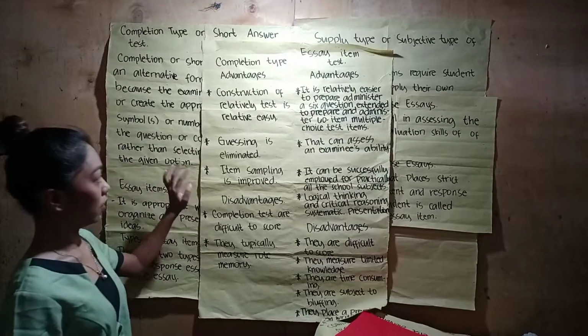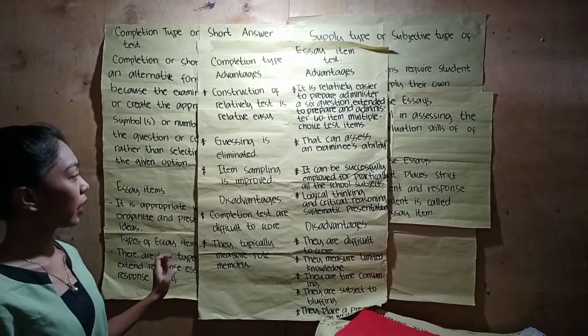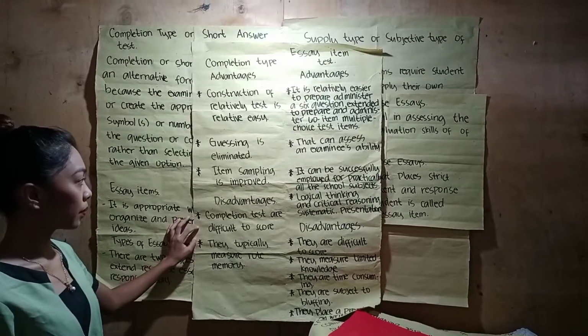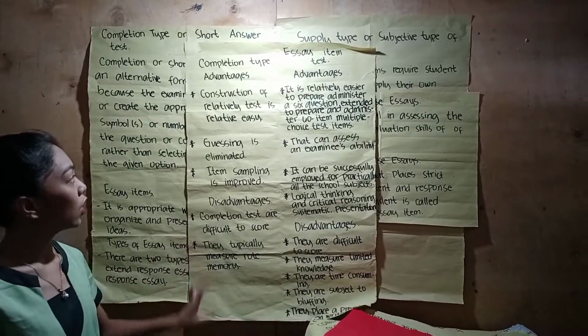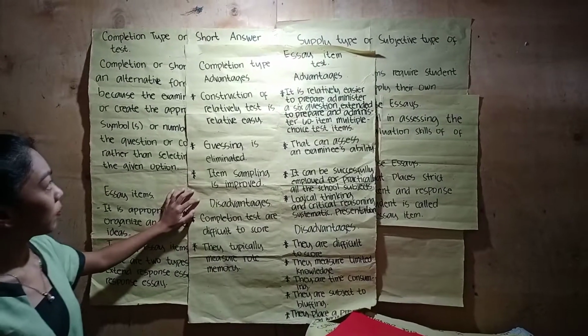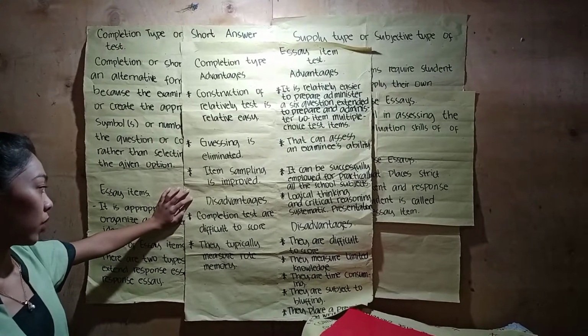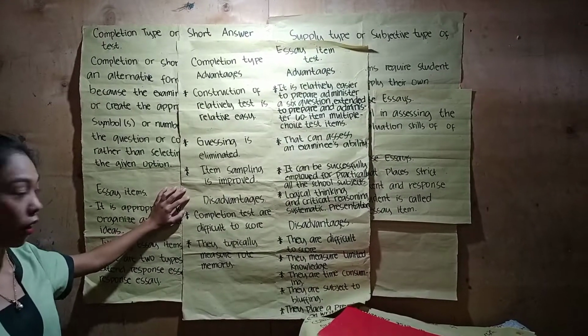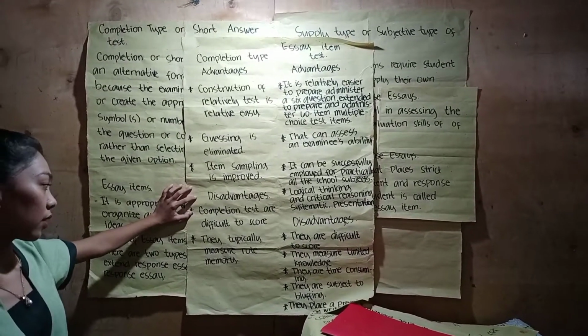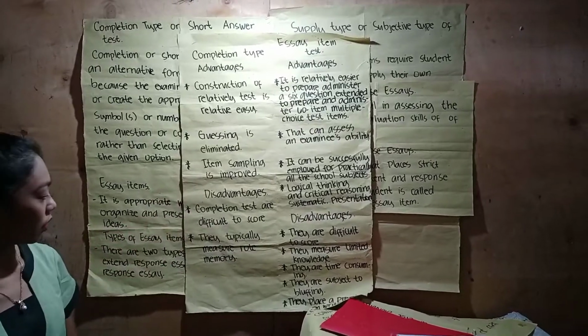Guessing is eliminated. Item sampling is improved. The disadvantages of completion type are that completion tests are difficult to score and they typically measure rote memory.